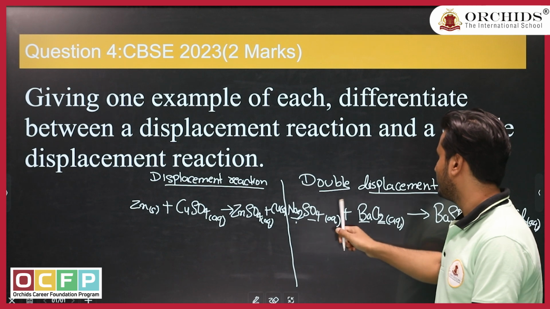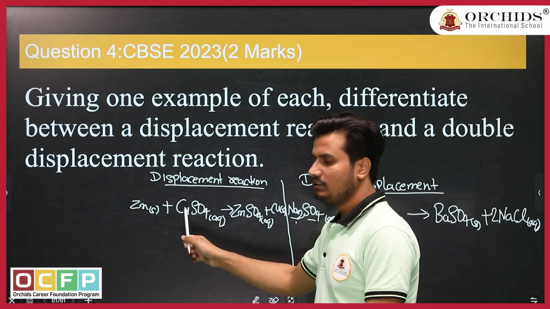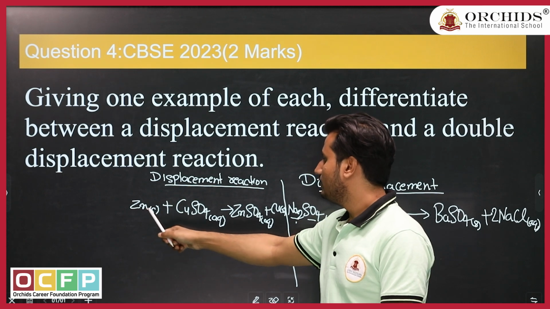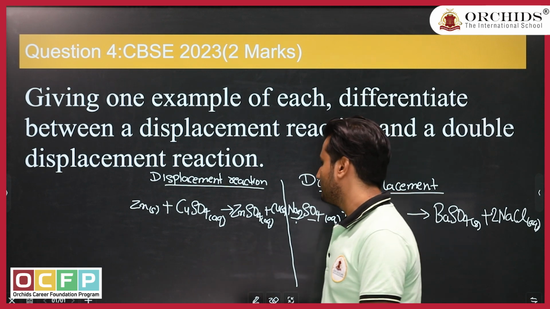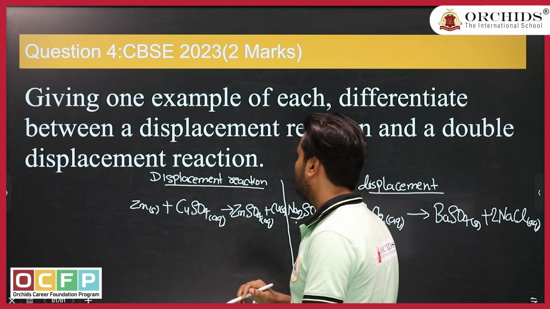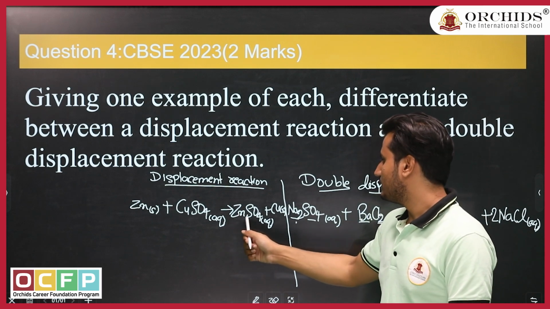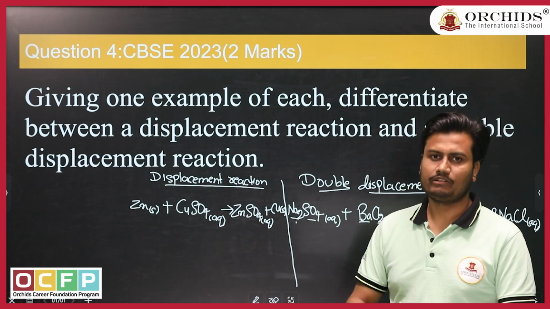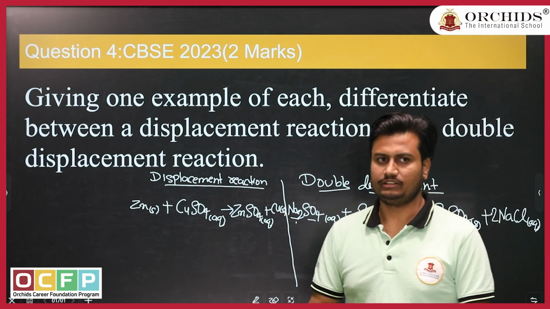So both are exchanged in the reaction, and in displacement reaction only one displacement takes place, by whichever is highest in the reactivity series. So Zn will replace copper because zinc is more reactive than copper to make zinc sulfate, and copper will be deposited as solid.